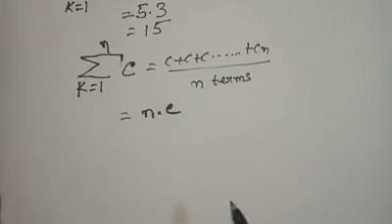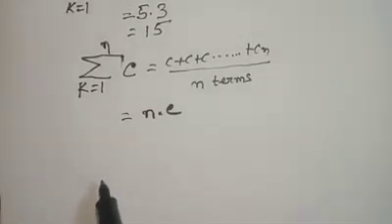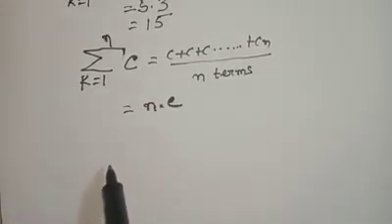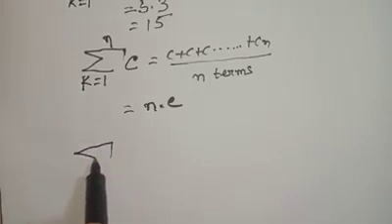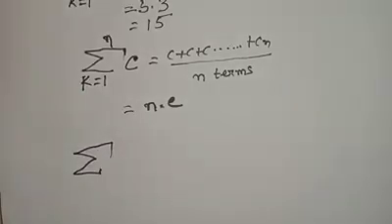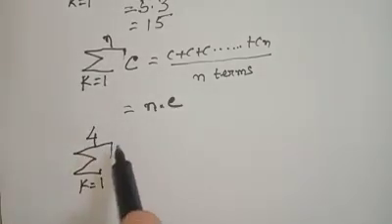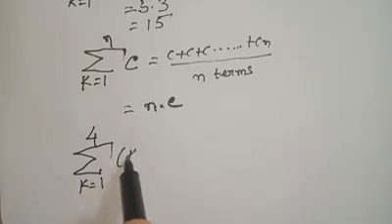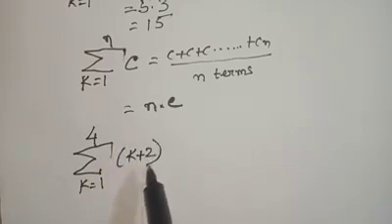Now let us look at another example, and this is a separate one. What we do is we write over here sigma of k equals 1, I'm so sorry, and it goes up to 4, and we write here k plus 2. Now how are we going to solve this?